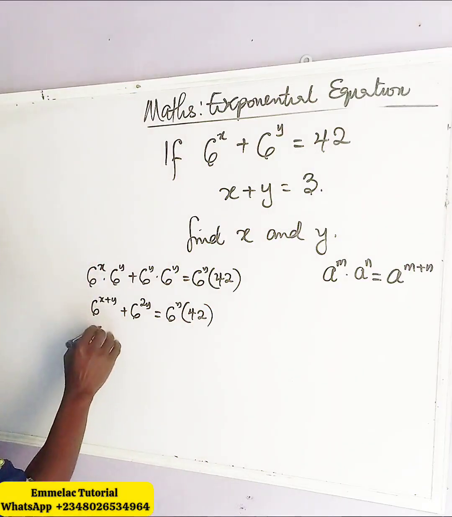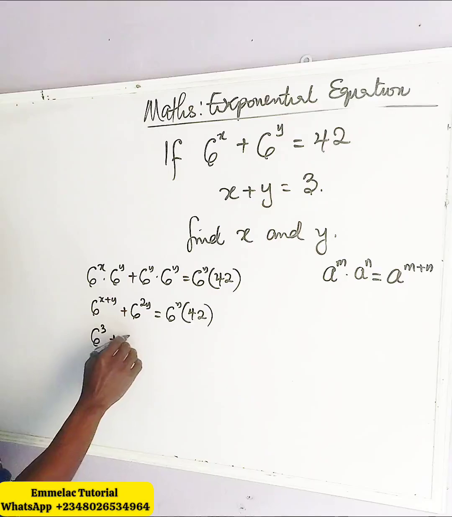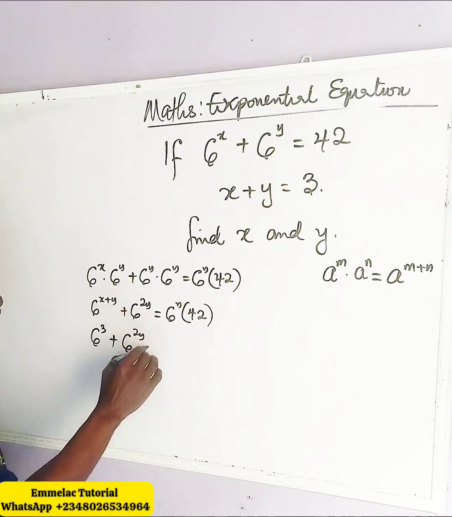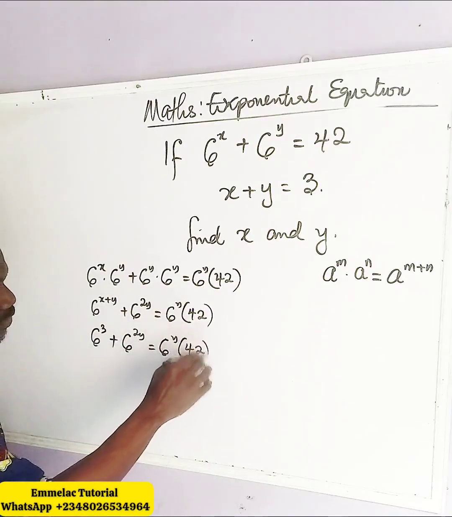We have 6 raised to the power of 3, plus 6 raised to the power of 2y, equals 6 raised to the power of y times 42.